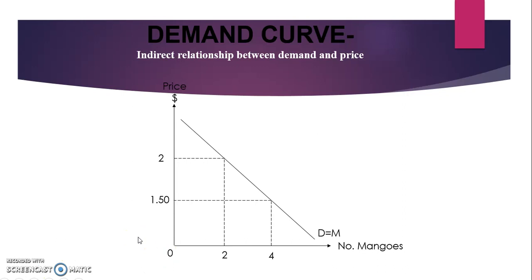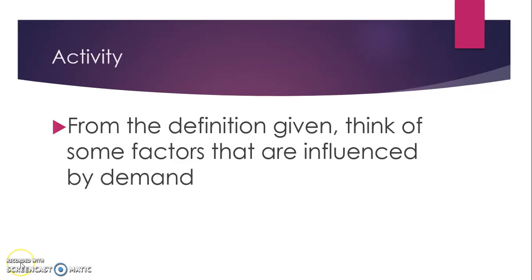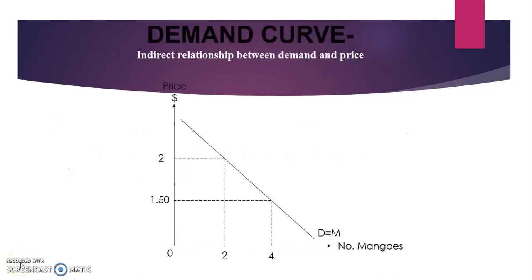Therefore, the demand curve shows an indirect relationship between price and demand. Now think of something that can have this effect. Using the same example from before, mangoes: if the price of mangoes increases, then of course the demand for the mangoes will decrease because the price is now high.